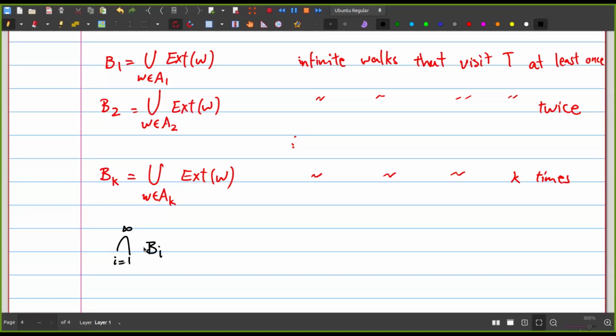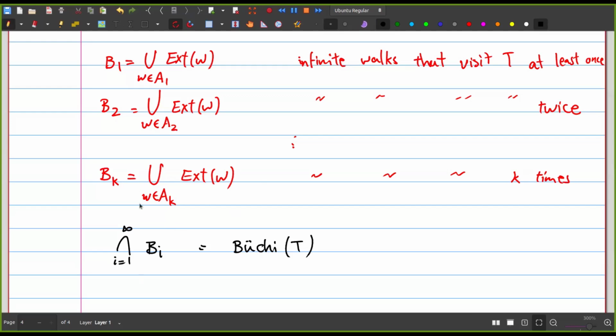So it has to visit T infinitely many times, because if it only visits T a finite number of times, let's say n times, then it's not going to be in Bn plus 1. So if an infinite walk is in the intersection of all the BIs, that's precisely saying that this infinite walk is seeing my target set T infinitely many times. So this intersection is exactly the set Buki T.